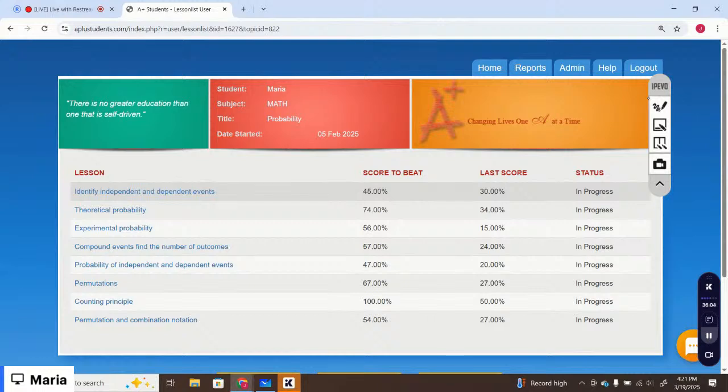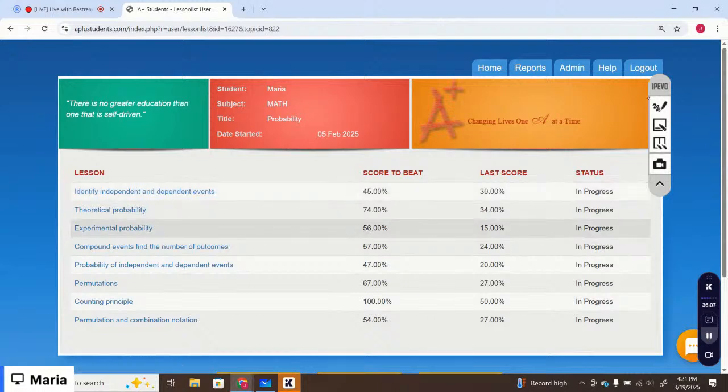The next lesson is experimental probability. Let's just start with the lesson.